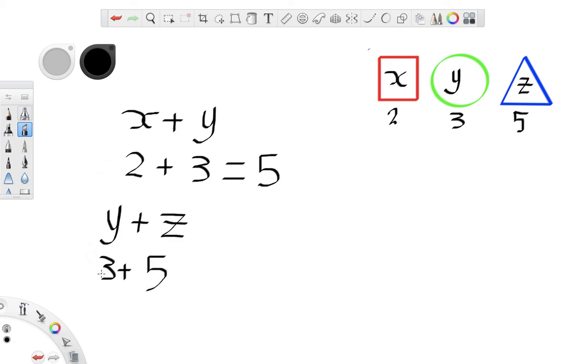So then we're just doing 3 plus 5, which is of course equal to 8. So again, what I'm showing there is that we don't need the shapes. We can have letters. And that's really what algebra is.